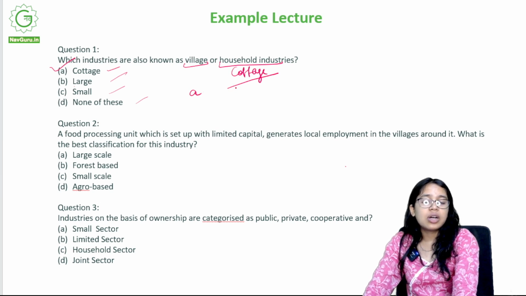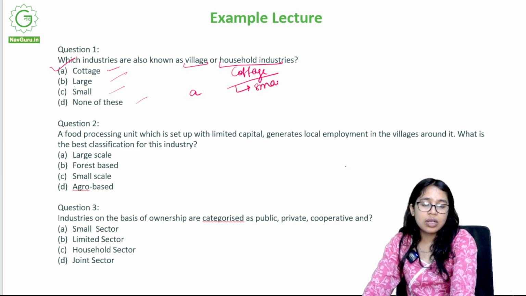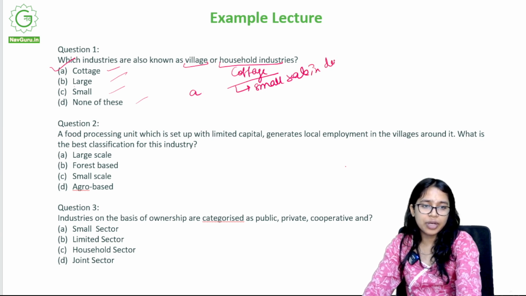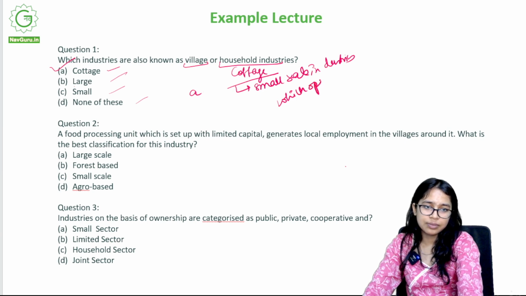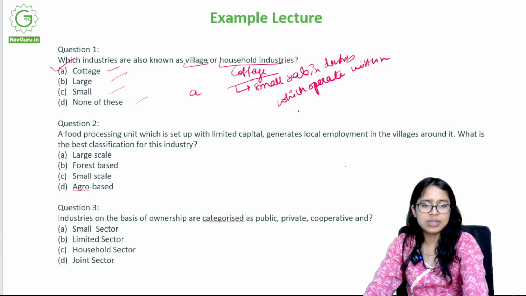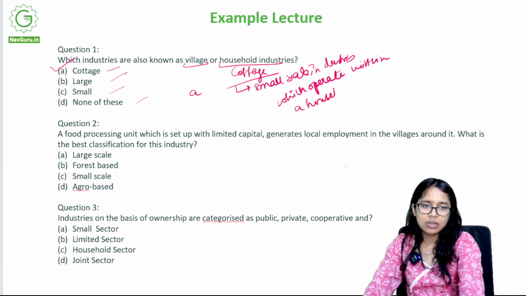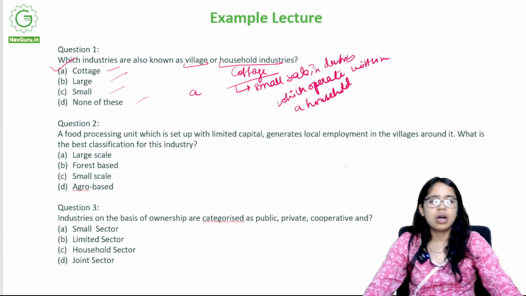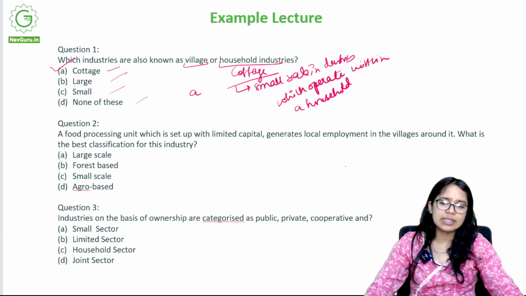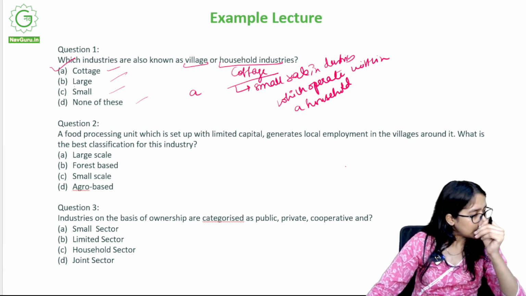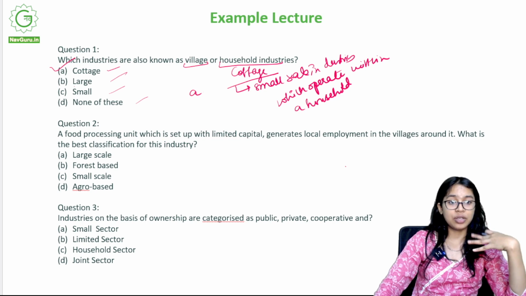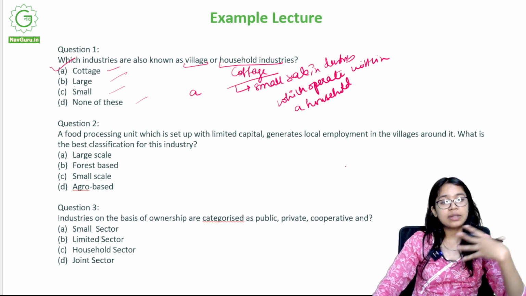Basically, village or cottage industries are very small scale industries which operate within a household, or within a very small area, and a lot of people are included in these industries.